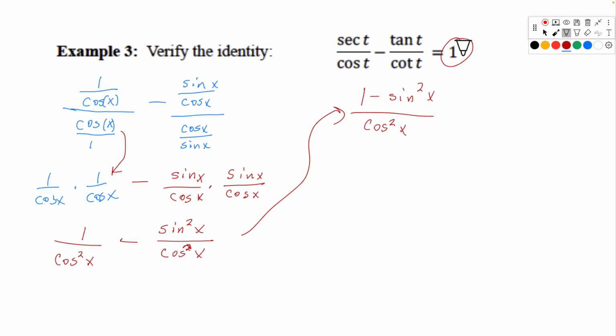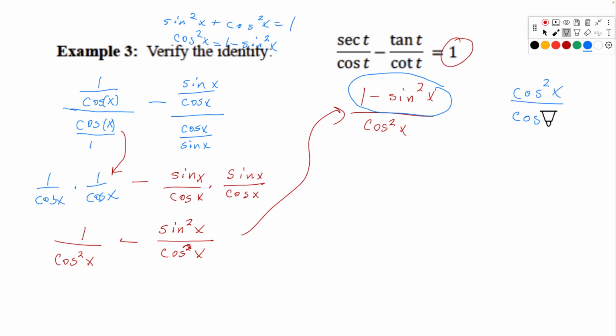Very good. So we could actually do either one, right? So we could either replace the numerator. We could say from the Pythagorean theorem, sine squared plus cosine squared x equals 1. We just did this last time. Subtract sine squared from both sides, you get that cosine squared x equals 1 minus sine squared x. So we could replace the top with cosine squared x over cosine squared x, which is equal to 1.